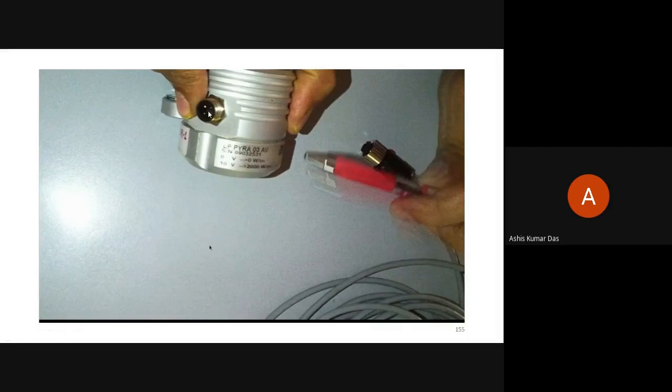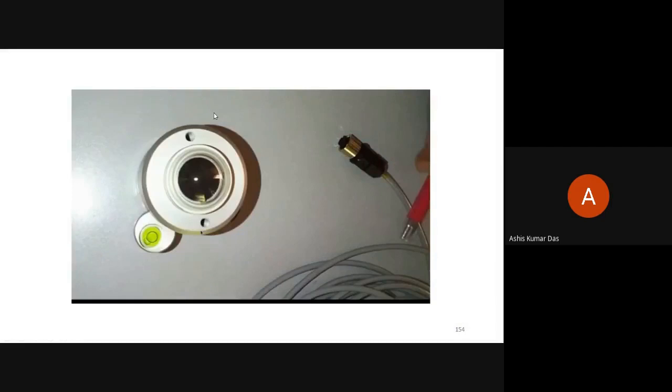Now if you look at the side, you can see a green portion, and here a green spot, which is basically used for leveling of the pyranometer.